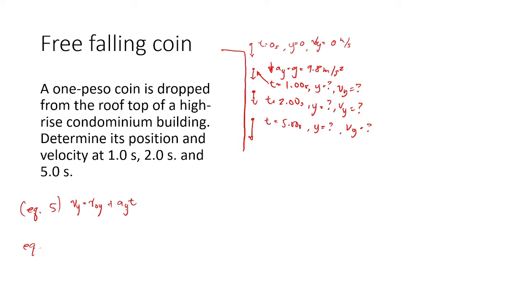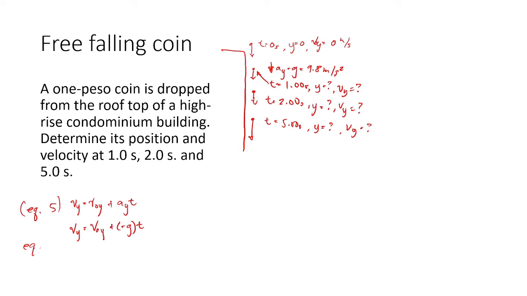Since our assumption is this is a free-falling coin, we will have vy equal to v naught y plus negative g times t. So, baka may nagtataka sa inyo, Sir, bakit negative g?